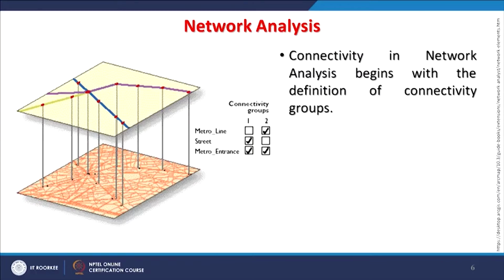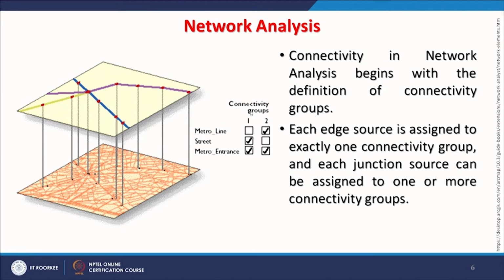Let me take an example here. Connectivity network analysis begins with the definition of connectivity groups. As you can see here, in group number 1 I have a metro line and a street, and group number 2 has the metro line and metro entrance, because they are part of that group of metro line.